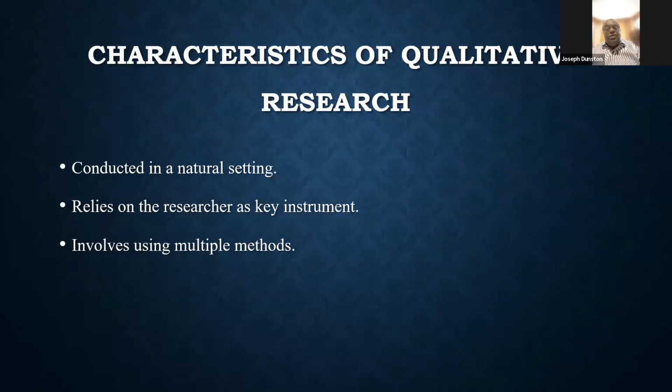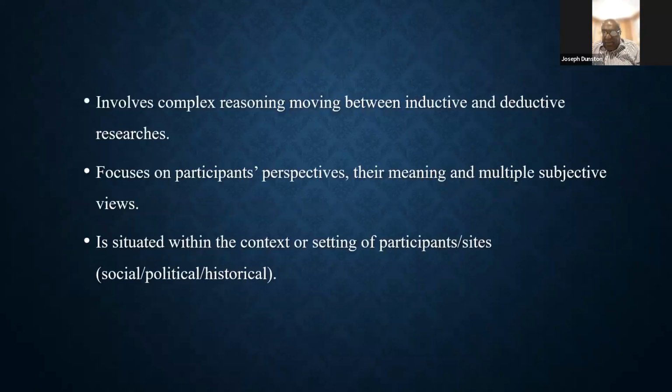And of course, the next point is, it involves complex reasoning. You can go to the next slide. It involves complex reasoning. What is that complex reasoning? Complex reasoning through inductive and deductive methods, or inductive and deductive reasoning.